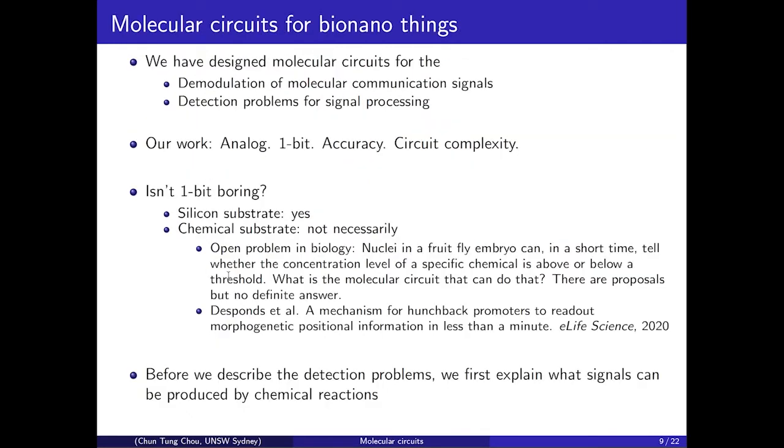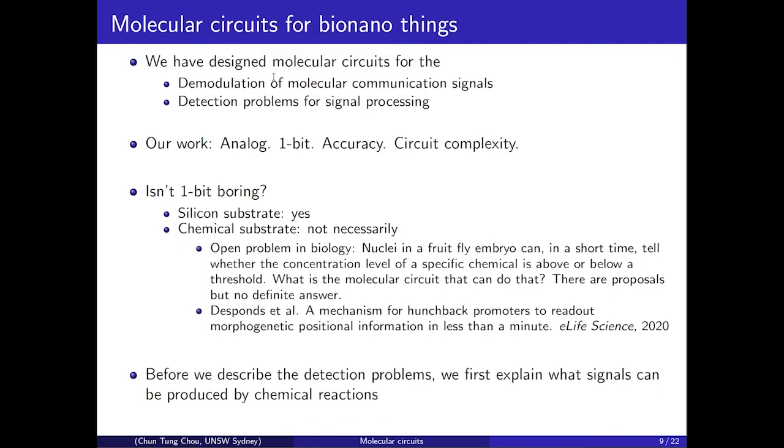Now, let's start with thinking about molecular circuits for BioNano things. Later on, I will show you some of the results that we have got. We have designed molecular circuits for two purposes. One is to demodulate molecular communication signals.